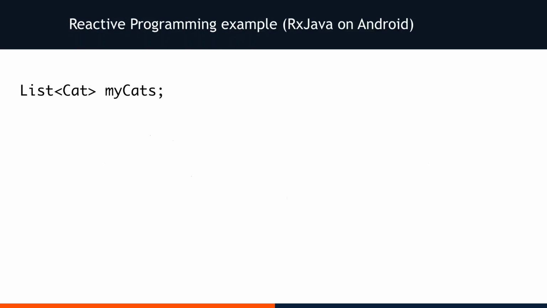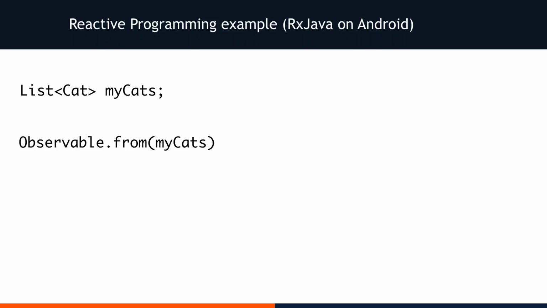And let's look at one of the most popular reactive libraries, that is the Rx extensions. In this case, we're going to look at RxJava, the Rx Java extensions, in a way that you could use it, for instance, on an Android device. So let's say we have a list of objects. In this case, we have a list of cats.